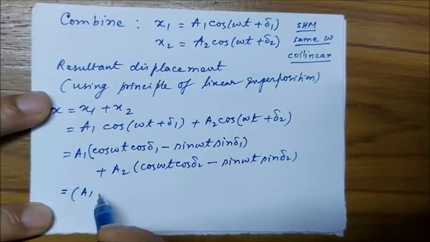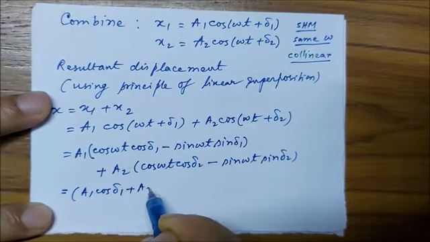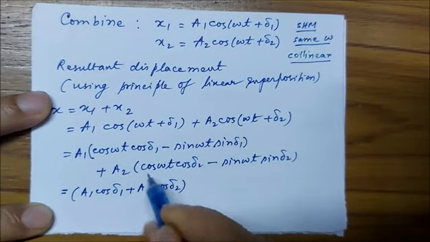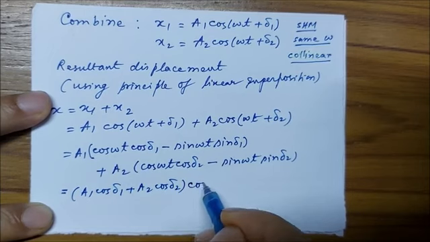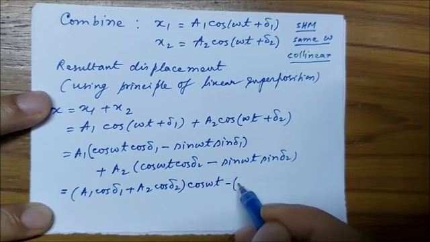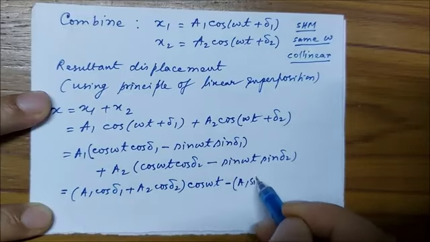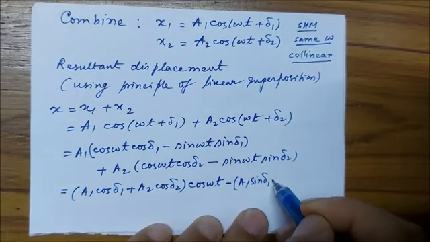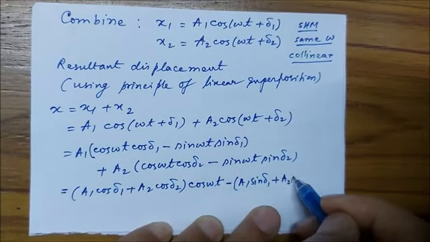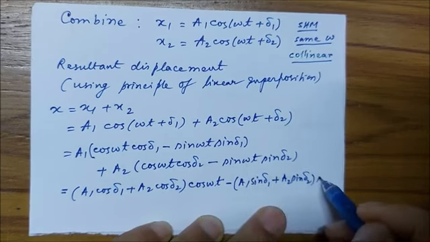So we have A1 cos delta 1 plus A2 cos delta 2 multiplied by cos omega t minus A1 sin delta 1 plus A2 sin delta 2 multiplied by sin omega t.